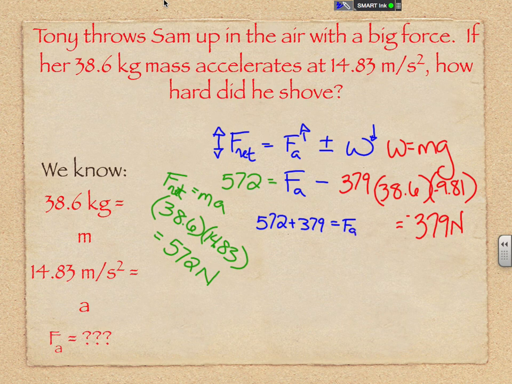That's going to be what? 951. So what that's saying is Tony has to shove up with 951 newtons. 379 of that got stolen away by her weight, leaving us 572 extra that could actually cause the acceleration as he was throwing her.